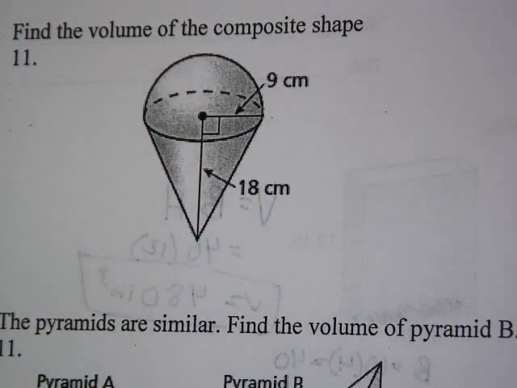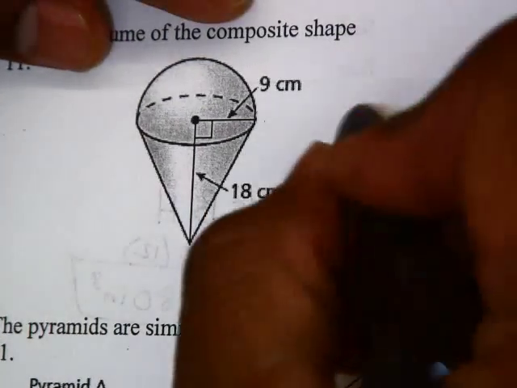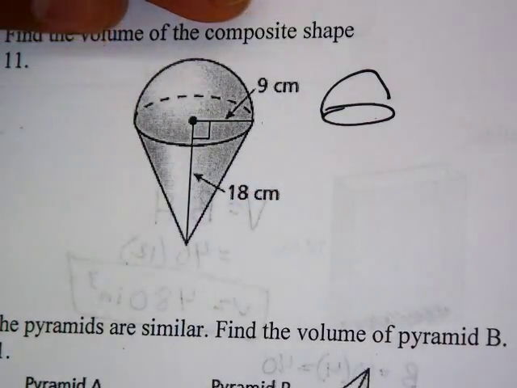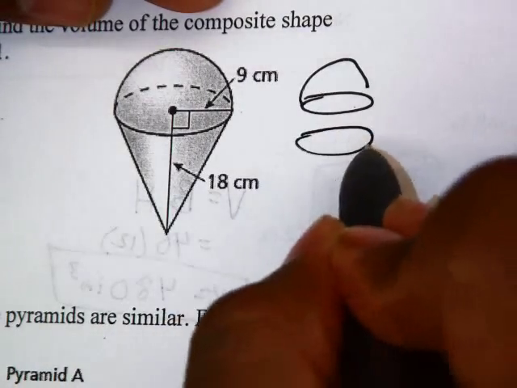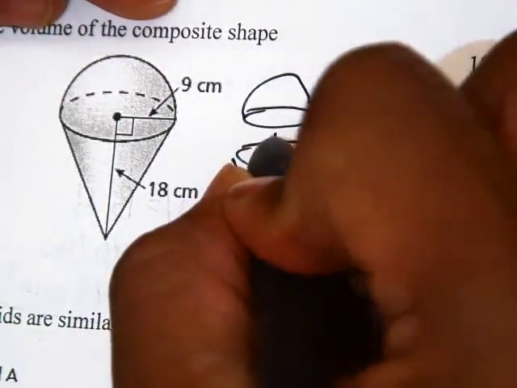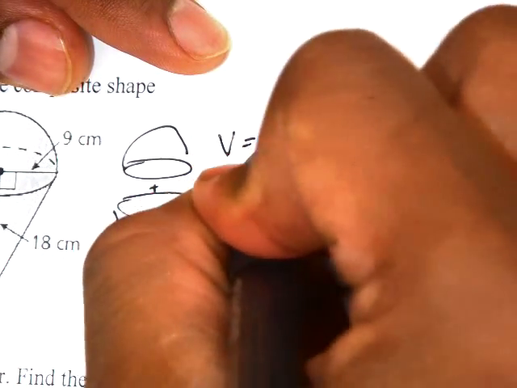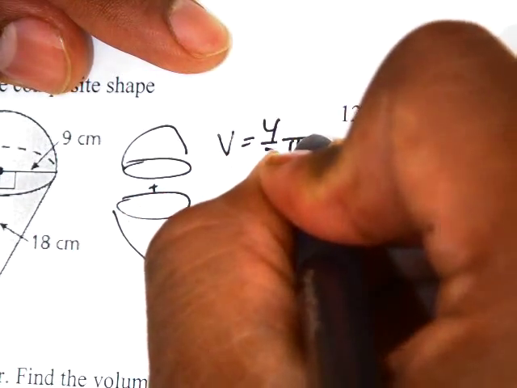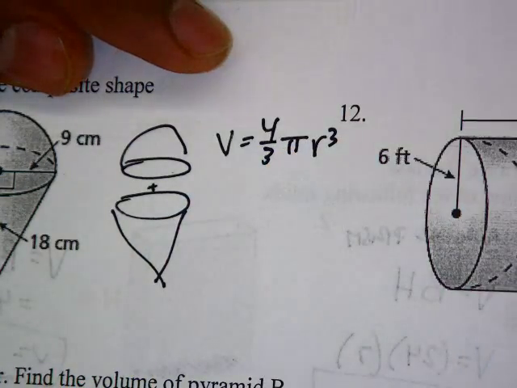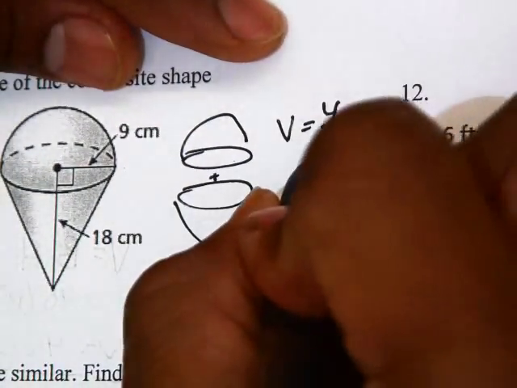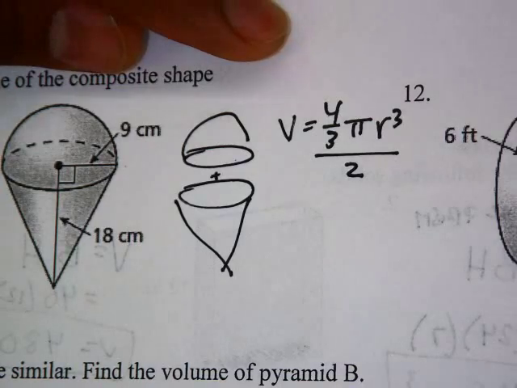On the back, I have a composite shape there. It looks like a hemisphere, so a half a sphere, and a cone got put together. And we just need to add them. So the hemisphere, the volume of a full sphere is 4/3 pi times radius cubed. And since I only want a hemisphere, half a sphere, I need to take that result and divide it by 2.